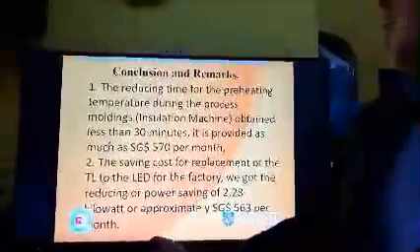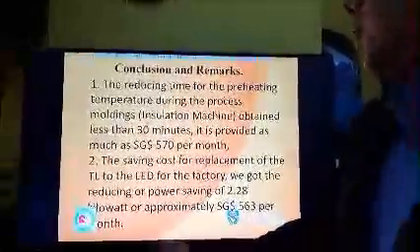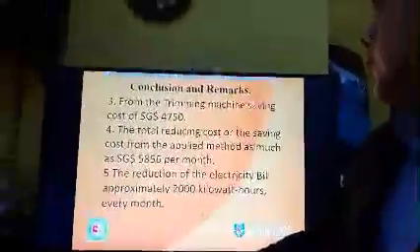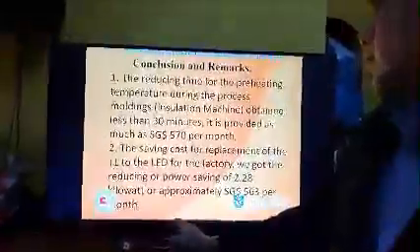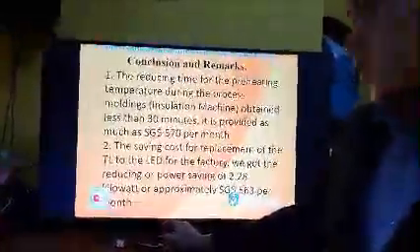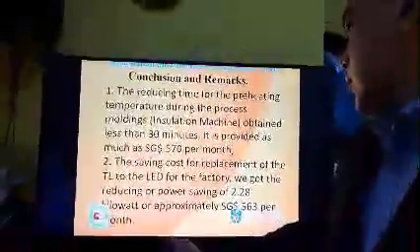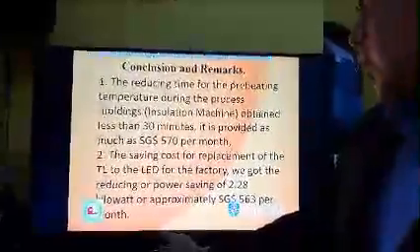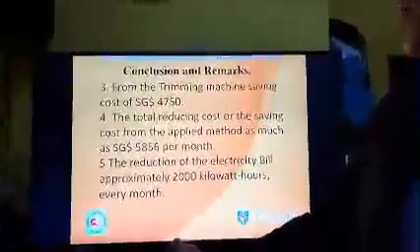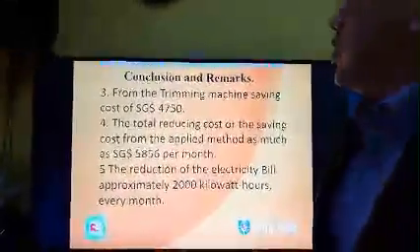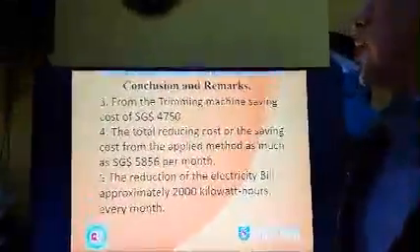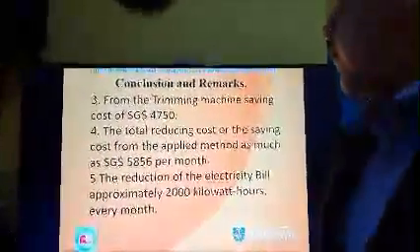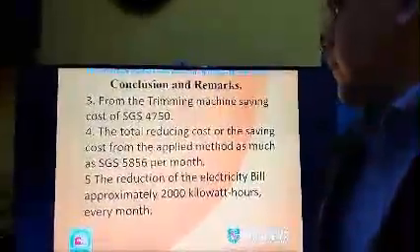The second thing, the saving cost of replacement of the tubular light to the LED for the factory, we got reducing of the power saving of 2.28 kilowatt or approximately 563 Singapore dollar per month. 3. From the drilling machine we can saving 5,750 Singapore dollar per month.